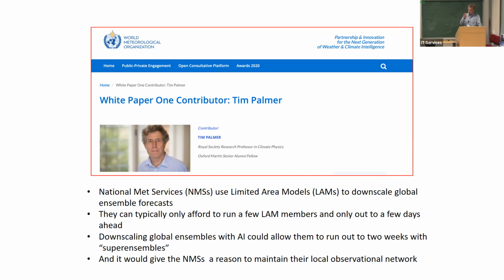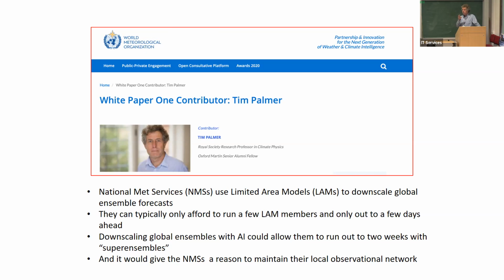So CMIP has a range of resolutions. Perhaps a typical resolution is around 100 kilometers, but there are a few that get down to sort of 20 or so kilometers. And at 20 kilometers, you still need to parameterize deep convective clouds, ocean mesoscale eddies, orographic gravity wave drag. So you haven't reached that kind of quantum jump downwards, if you like, where you're suddenly no longer parameterizing these things. So we won't see those benefits.